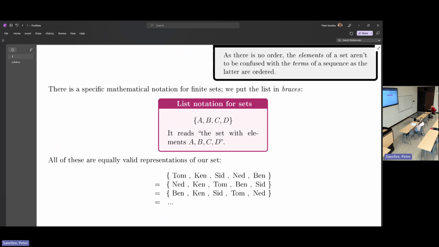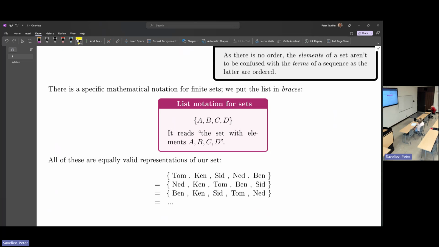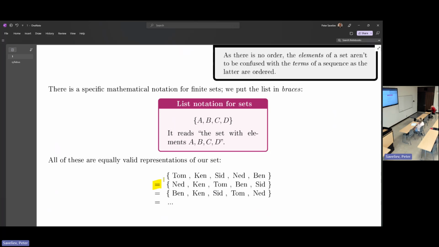Once again, look at this equal sign over here, which is certainly important in places like algebra, but even when we speak of sets, the equal sign makes sense. So once again, if I rearrange the items within the list, it's the same set. It's not technically a list. A list has an order and a set does not.